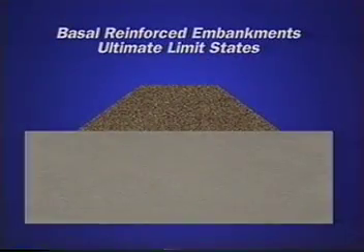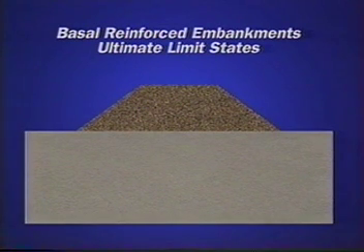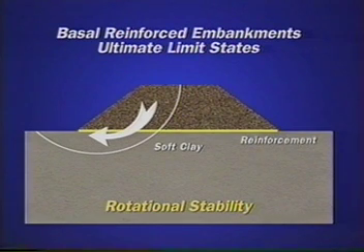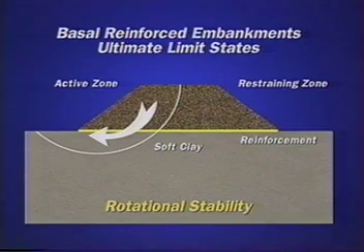The next objective is to consider the four main mechanisms leading to ultimate limit states of failure. First is the rotational stability along circular failure surfaces passing through the embankment and foundation soil. It is assumed that a basal layer of reinforcement will provide the required tensile strength and also have sufficient embedment to ensure that it will not pull out from either the active or restraining zone.